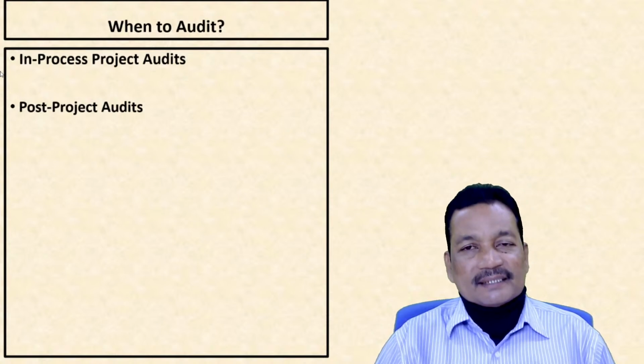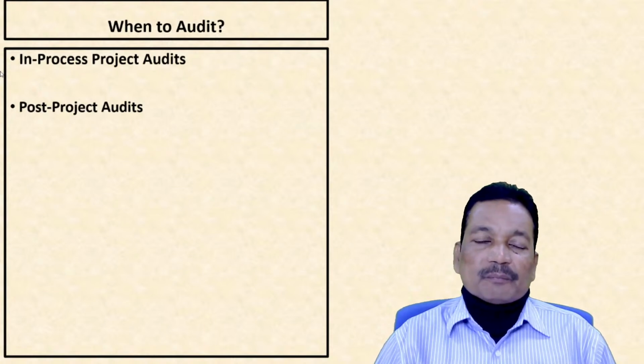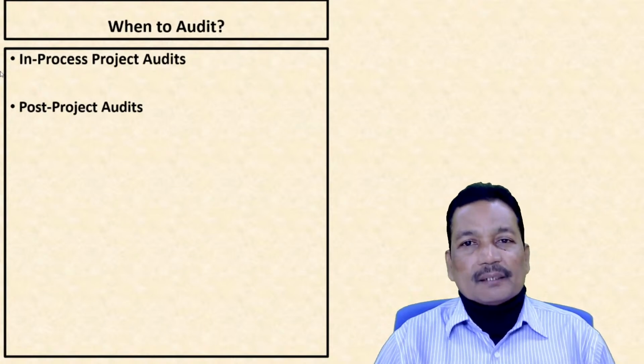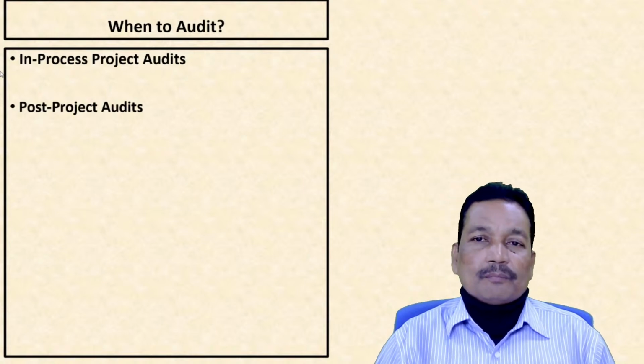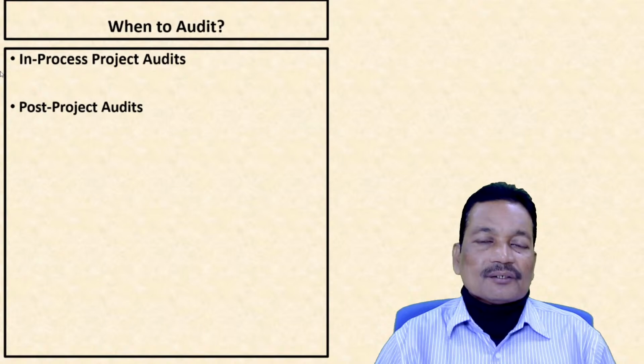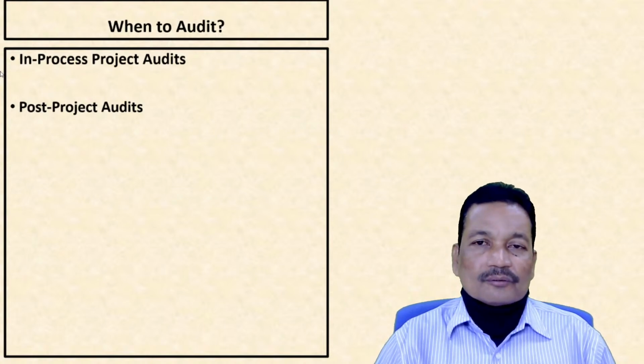That means make an assessment whether the objectives of the project, which were envisaged at the very beginning, or the planning stage, have been met when the project is completed or closed.